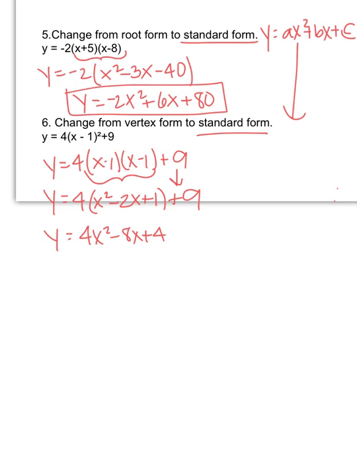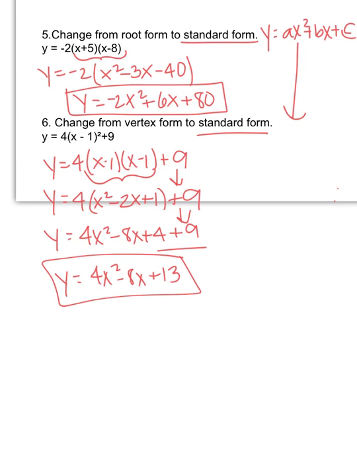Make sure you don't distribute the 4 to the 9 because 9 is not inside the parentheses. So I want you to just bring that 9 down there. Okay, so then we're going to combine like terms. So y equals 4x squared minus 8x plus 13. So there's our standard form.